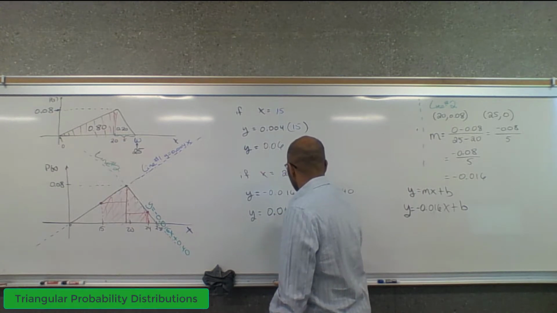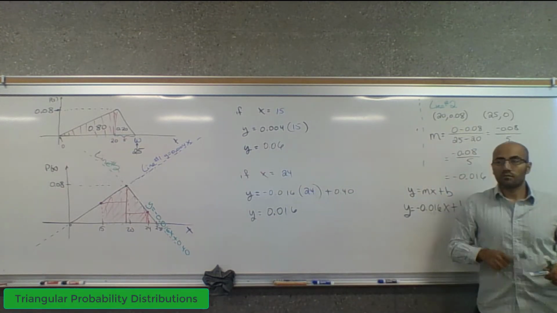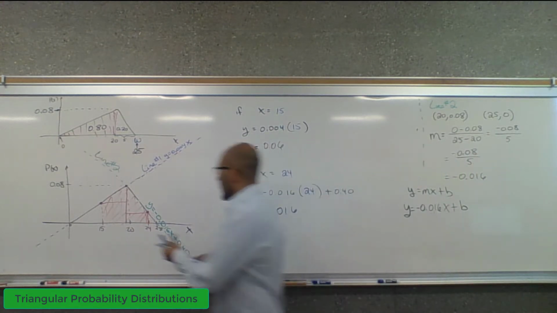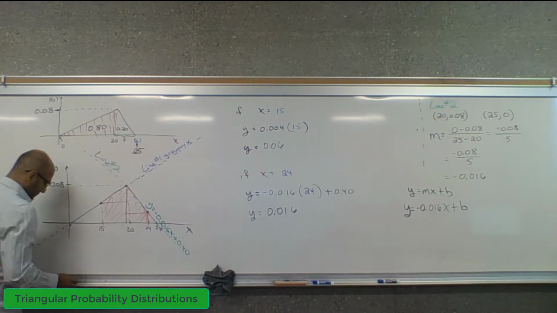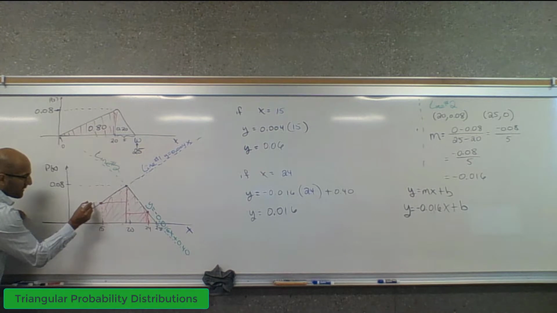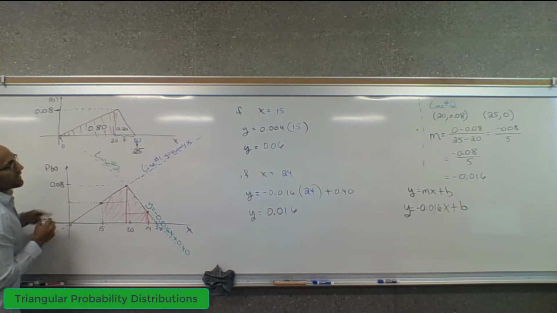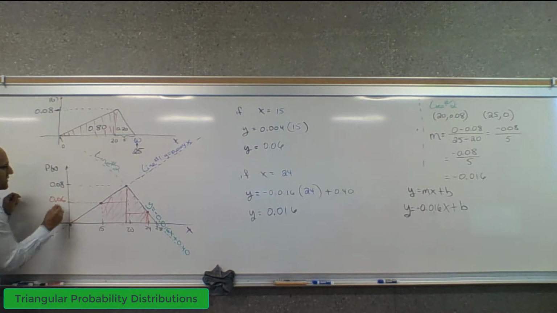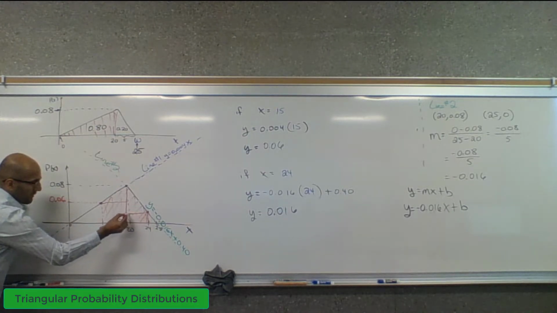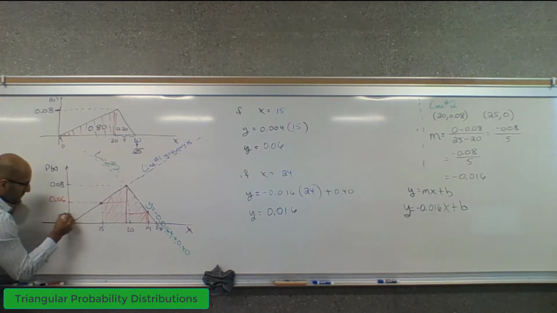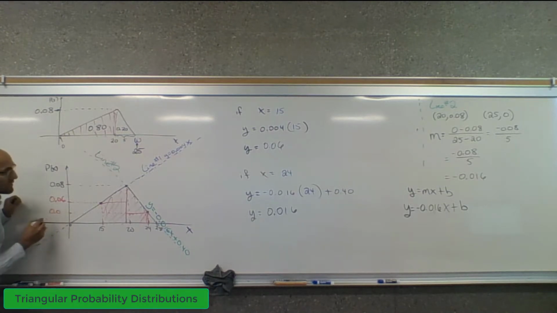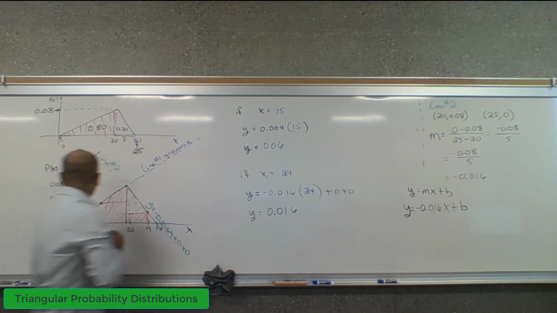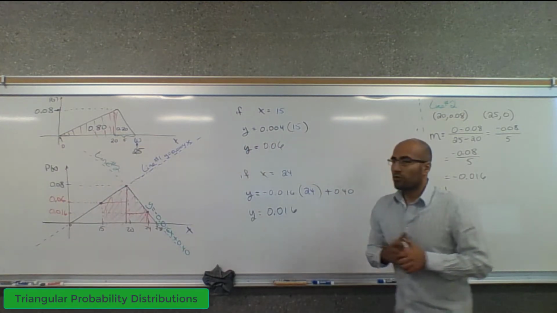Okay. Good. So that means that on my picture, this height right there is 0.06, and on my picture, this height over here is 0.016. Good.